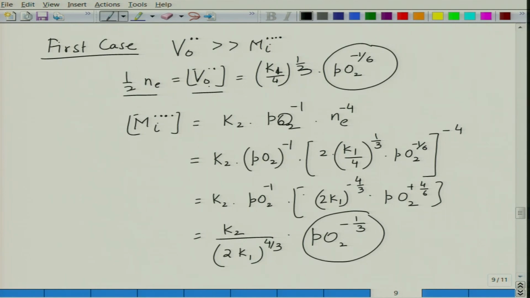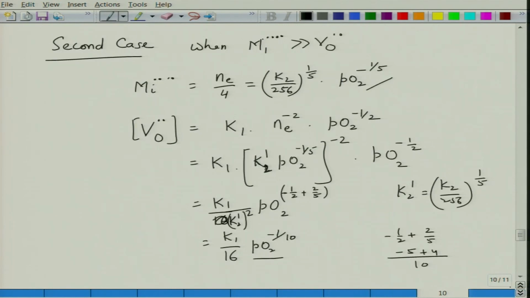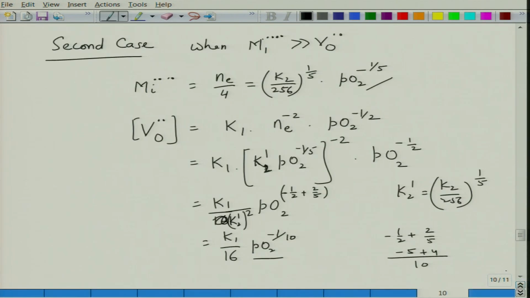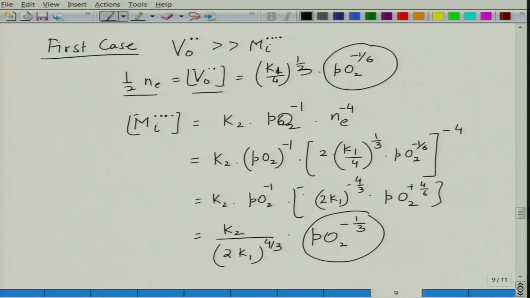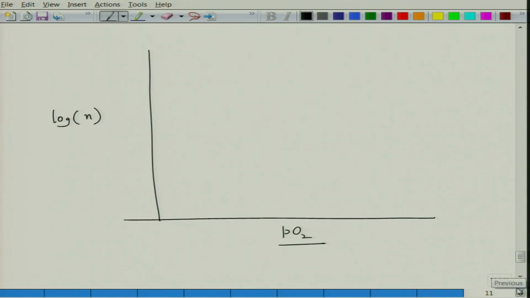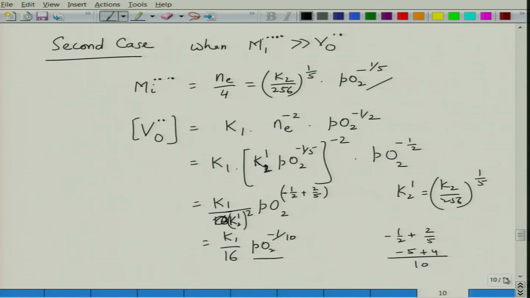The oxygen vacancy concentration goes as PO to the power minus 1 over 6, and then it goes as PO to the power minus 1 over 10. Let us first draw this when oxygen vacancy dominates, with minus 1 over 6 in the first case. The magnitudes will of course depend upon the values of K1 and K2 and so on, but generally the trend would be something like this.